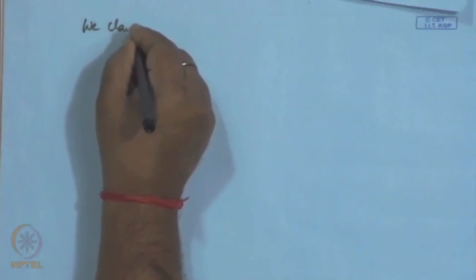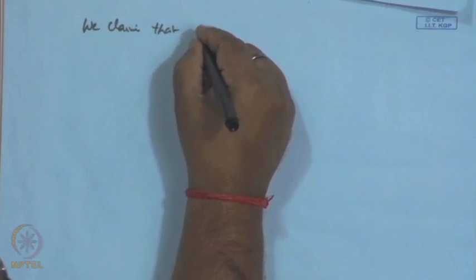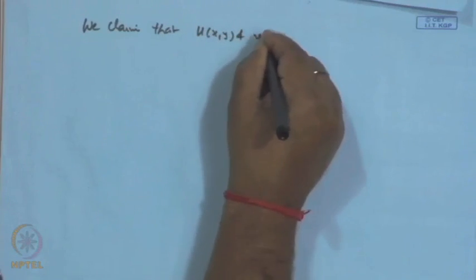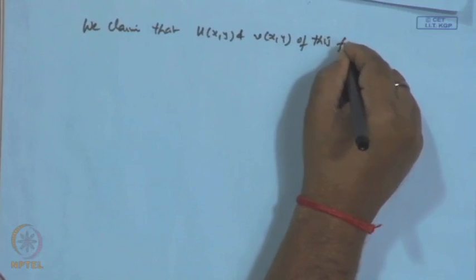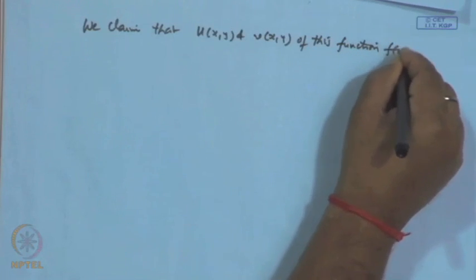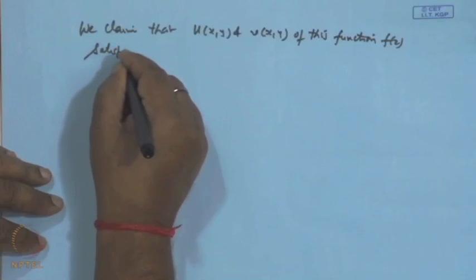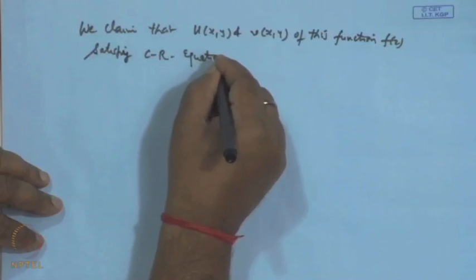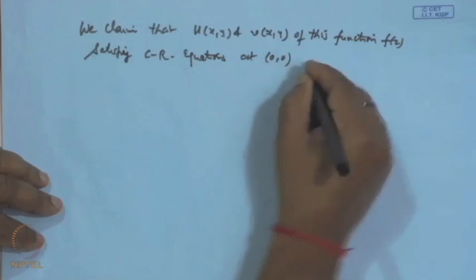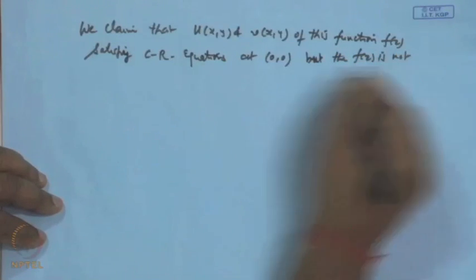So, we claim that the real and imaginary parts u and v of this function f z satisfy the CR equations at the point 0 0, but the function f z is not differentiable there.